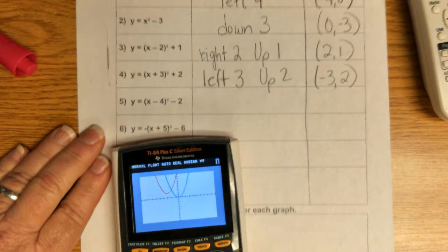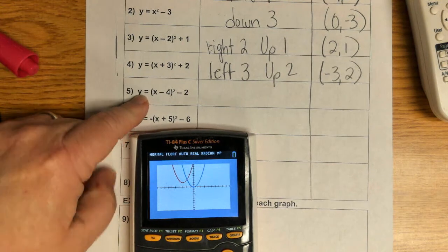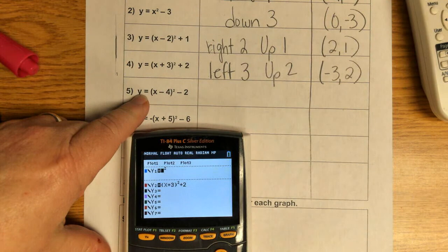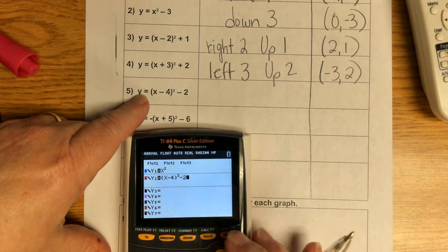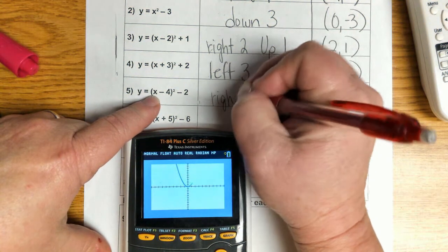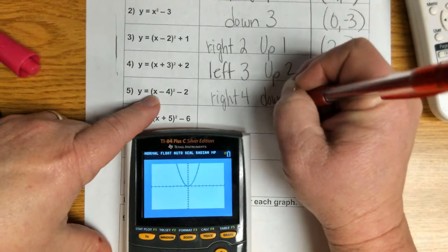And I'm just going to keep doing the same thing. I think we don't even need this anymore, but you will want to check on your calculator what's going on. And I've got (x minus 4) squared, take away 2. You're going to graph it. What this tells me is right 4 and down 2.